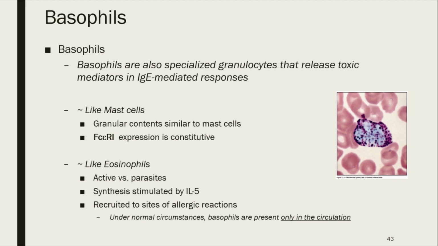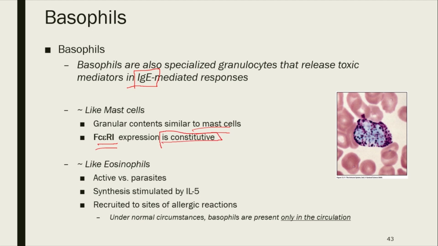Alright, so after eosinophil, let's move on to basophil. Basophils are also specialized granulocytes that release toxic mediators in response to IgE. Like mast cells, the granule contents are similar to mast cells in a sense, and the Fc epsilon receptors for IgE are also constitutively present.